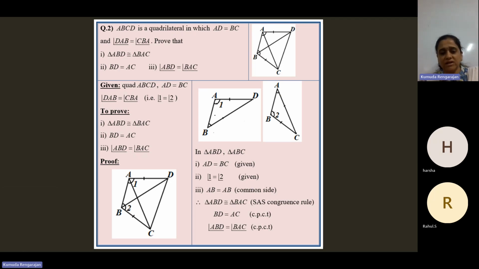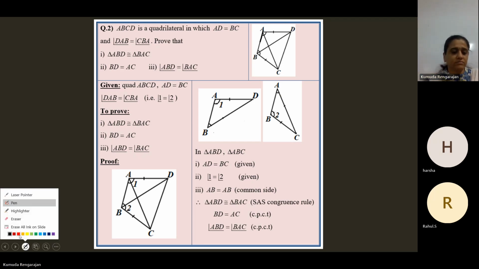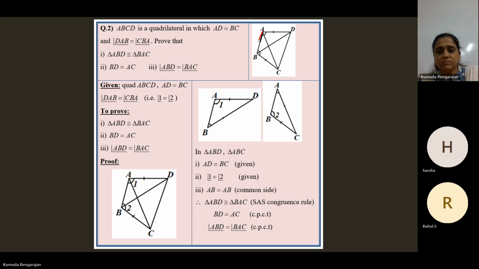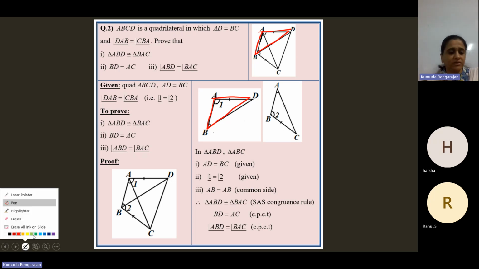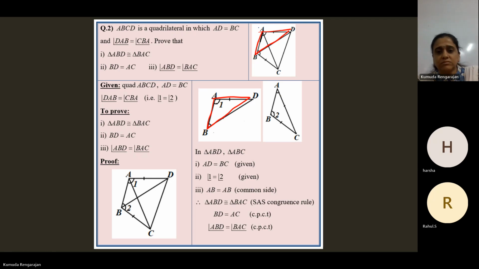I've taken the triangles separately. ABD is this triangle, and BAC is this one. We should show that these two triangles are congruent.